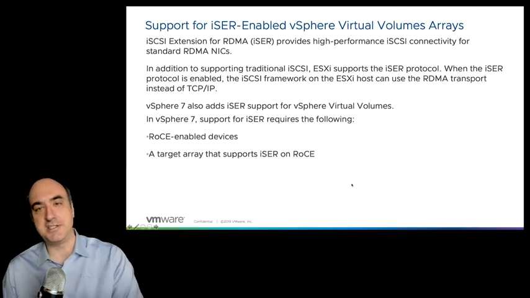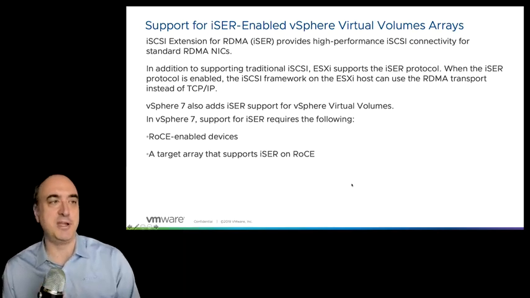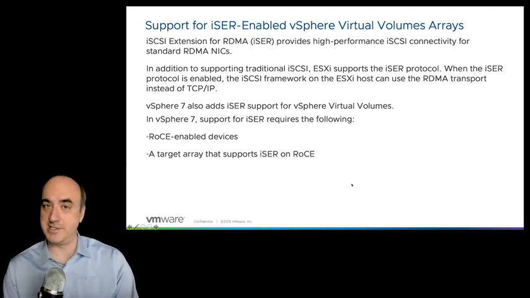So yes, iSCSI Extensions for RDMA, otherwise known as iSER, gives us high performance iSCSI connectivity, but instead of using TCP/IP, which is what traditional iSCSI uses, this is using RDMA, right?